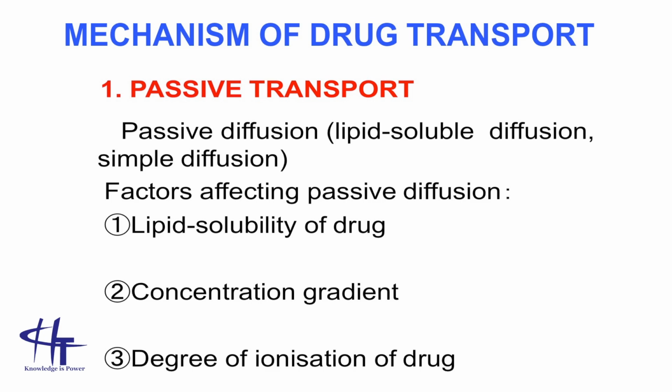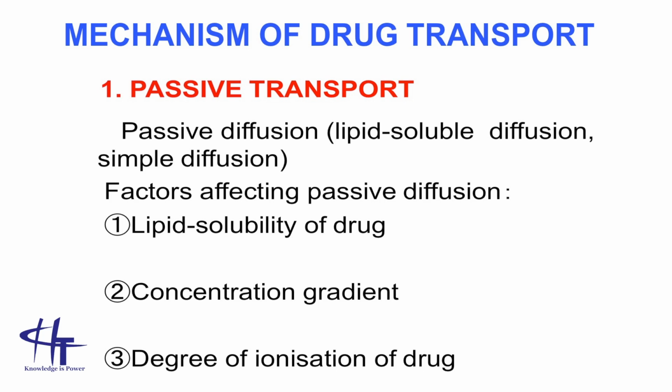So across what we refer to as a concentration gradient. Now, once that concentration gradient is not there, then you will no longer have this passive diffusion. So that is in a nutshell what we mean by passive diffusion.